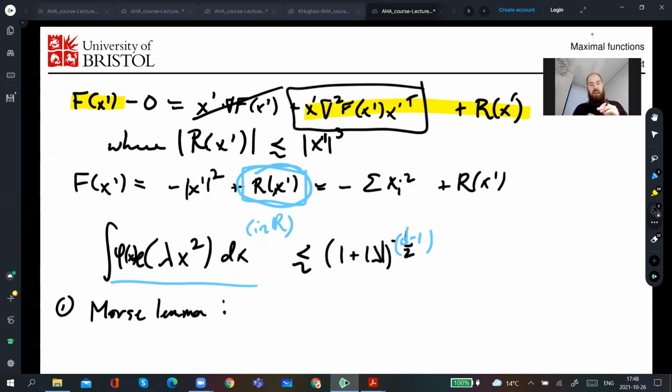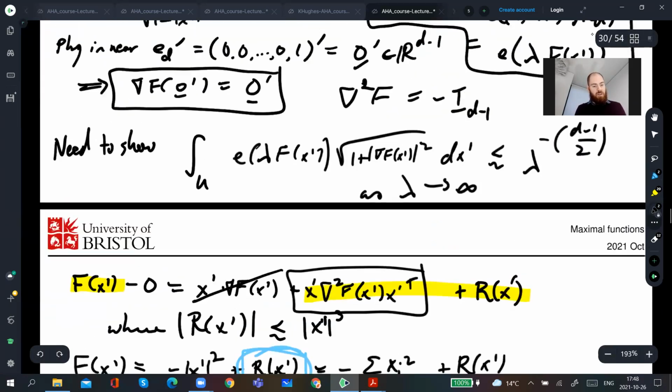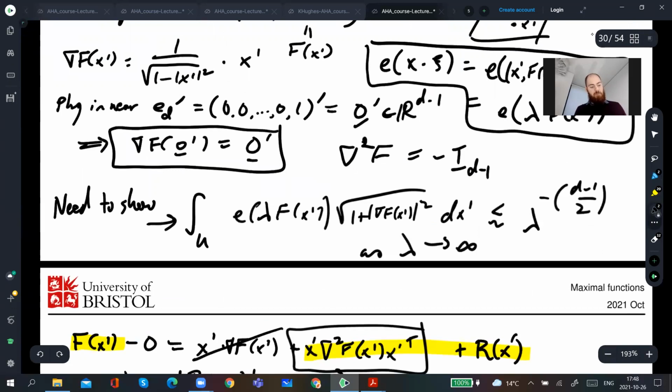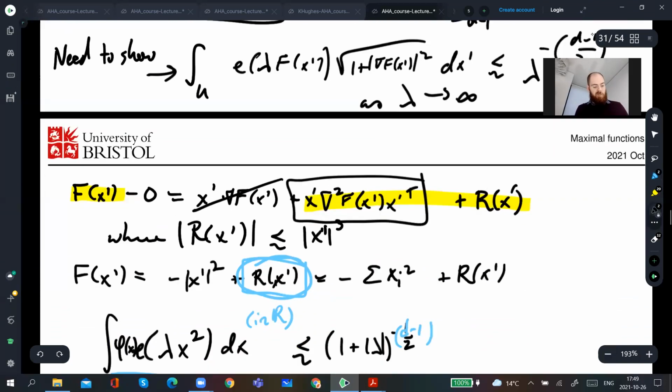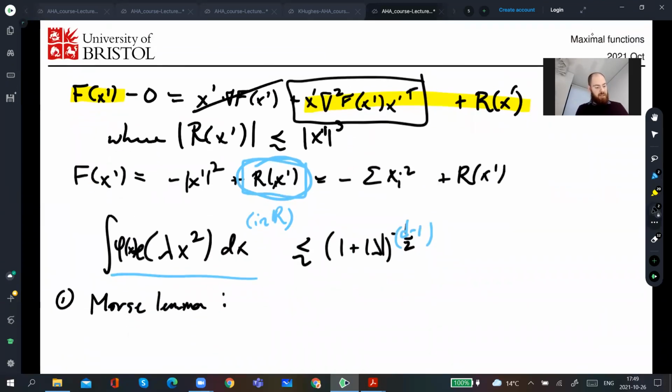That works whenever the Hessian is non-zero, has no zero eigenvalues. So the Morse lemma is one way to get rid of the remainder term. And then we use the fact that this change of variables isn't going to affect this integral, except for maybe some constant factor.